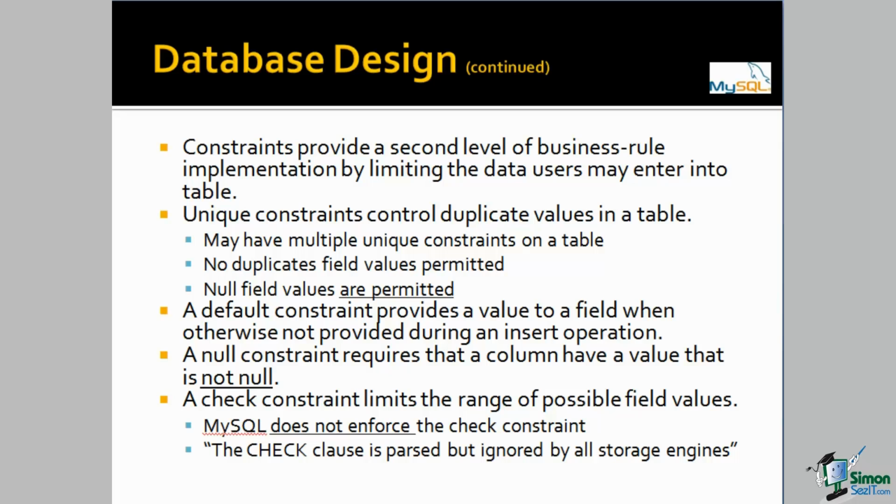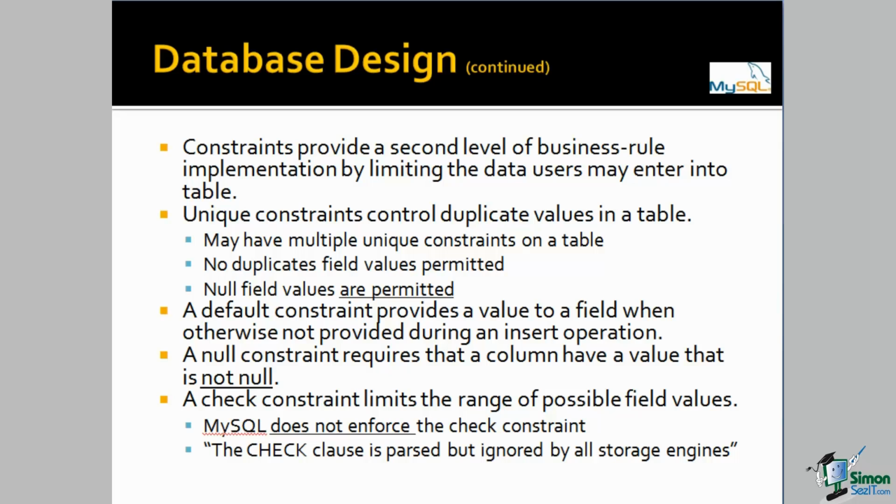During our design process, we can define ranges of values that an entity column can contain. These are referred to as constraints within the database. So a constraint can provide a level of business rule implementation, which limits the data that a user can enter into a table.